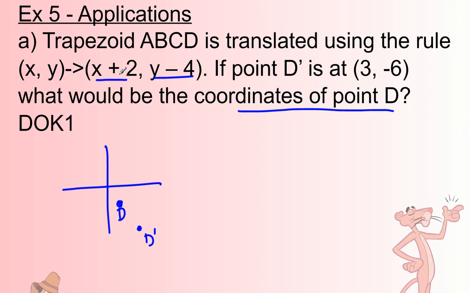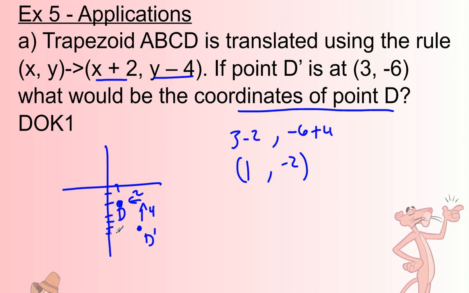If I get 2 smaller in x, takes me to an x coordinate of 1, and negative 6 bigger by 4, because we went up 4, would put me at negative 2. And that seems to fit with my little dinky sketch of a picture here. 1, 2, 3, 4, 5, 6, whatever. That seems to match what we said.